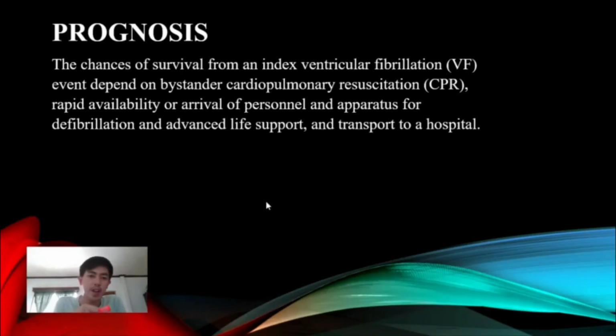The chances of survival from an index ventricular fibrillation event depend on the bystander's ability to do CPR, rapid availability or arrival of personnel and apparatus for defibrillation, and advanced life support and transport to a hospital.